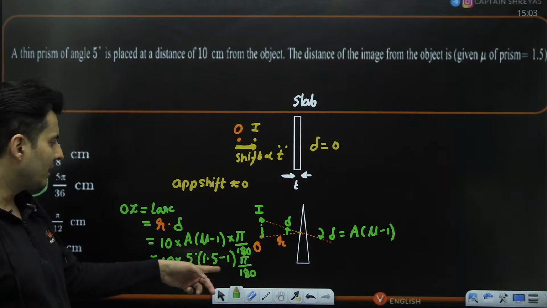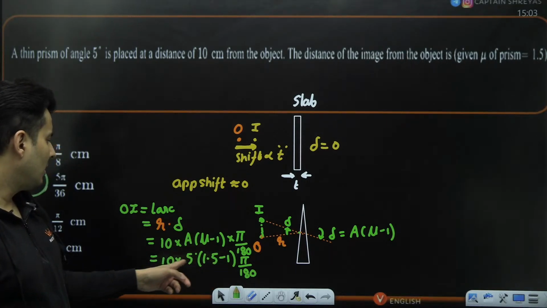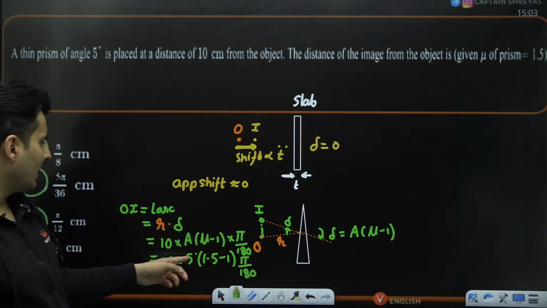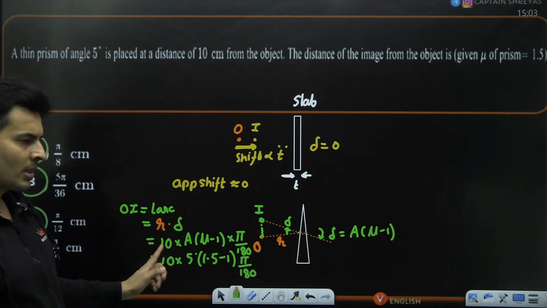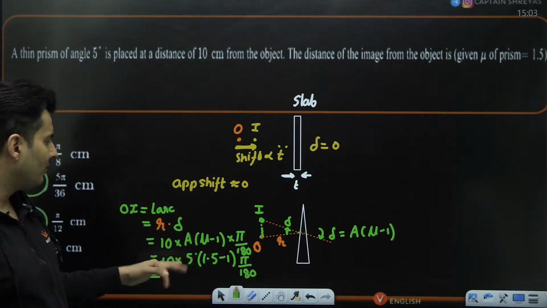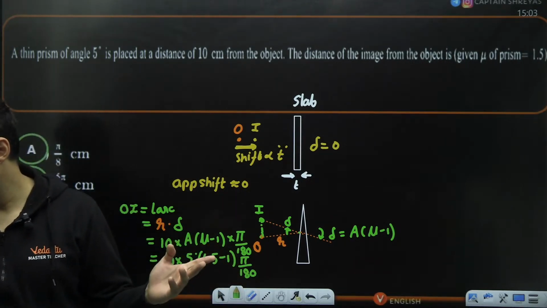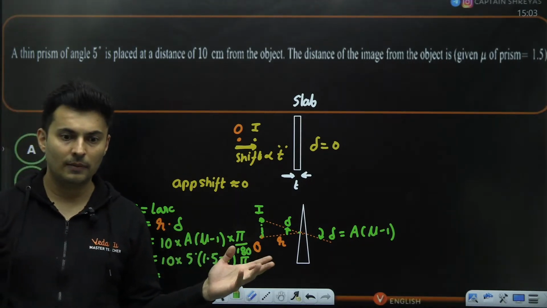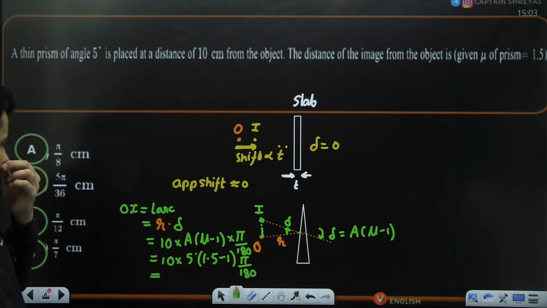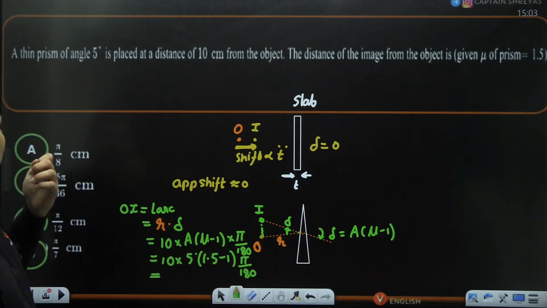So 1.5 minus 1 is half. Half of 5 will make it 2.5. 2.5 into 10 is 25. So 25 by 180 into pi. So what is it, guys? Come on, guys. 25 by 180. Just check it out. That is 5 degrees only, right? Thin prism, 10 centimeters. Perfect.